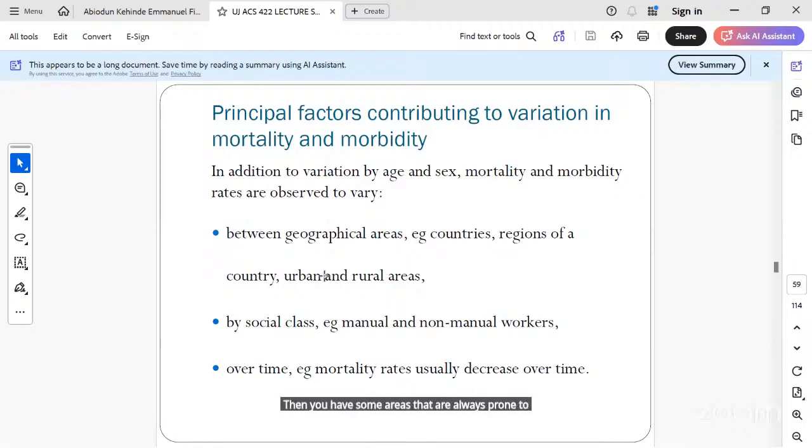They are permanently fighting war, like you have in the DR Congo. Ever since I was born, I know the war started before, and now they are still at war in DR Congo. So you can imagine that their mortality rate there will be high.